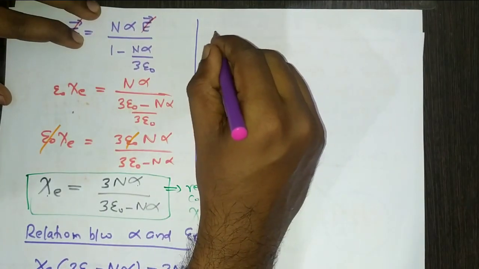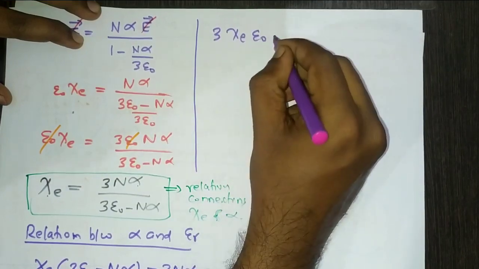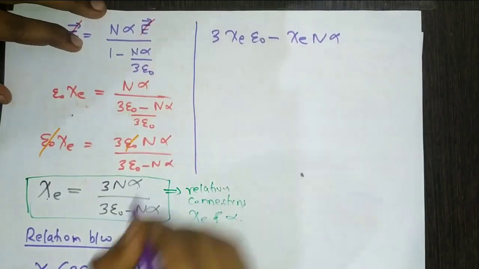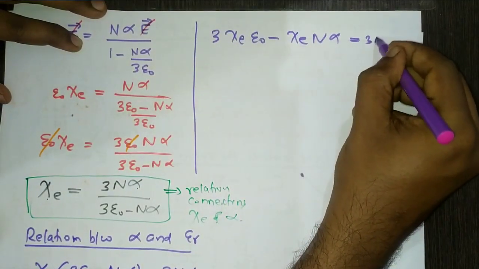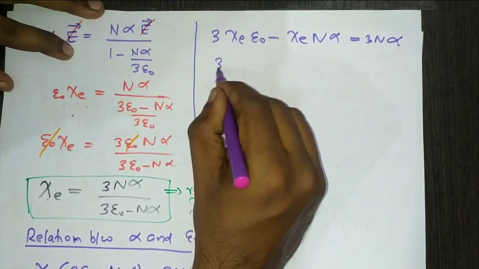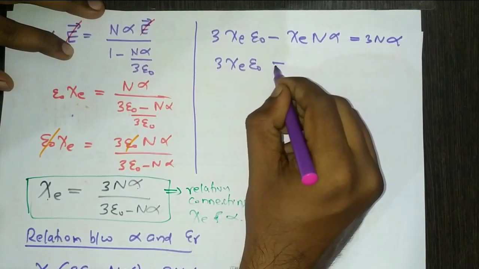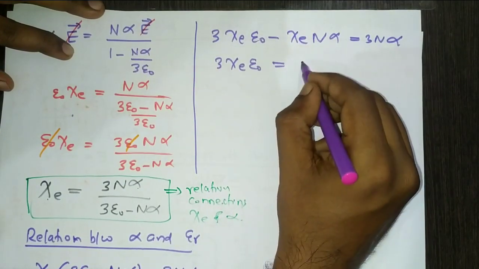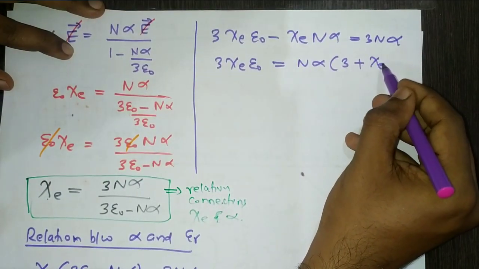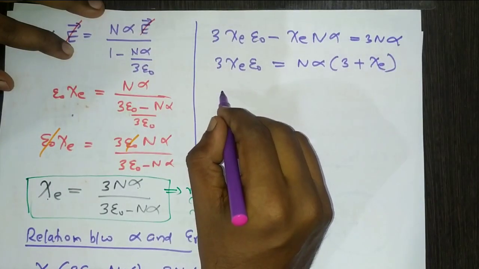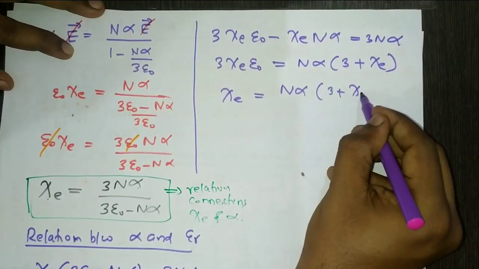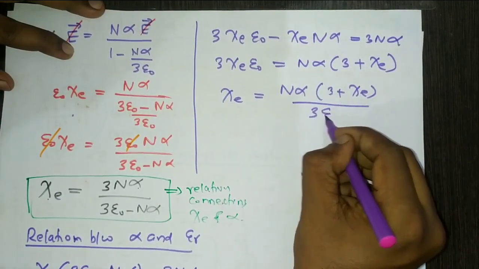Multiply: 3 chi E epsilon 0 minus chi E N alpha is equal to 3 N alpha. I keep 3 chi E epsilon 0 here. This time take it to the right side and take N alpha outside. It is 3 plus chi E. That is, 3 chi E epsilon 0 is equal to N alpha times (3 plus chi E).